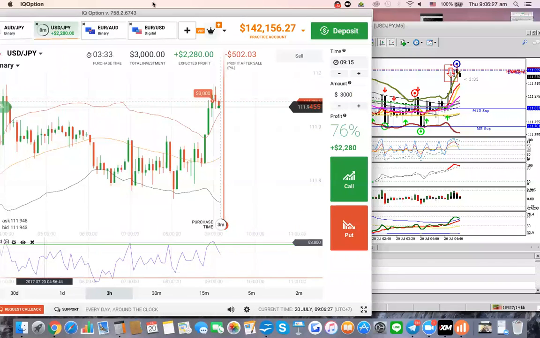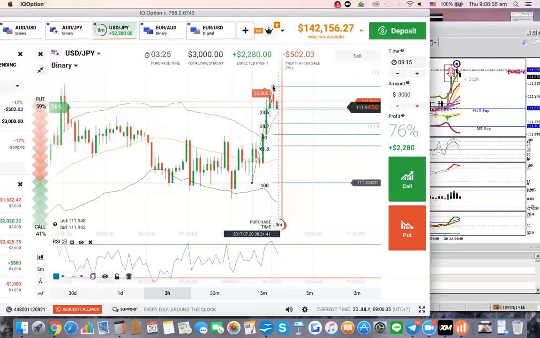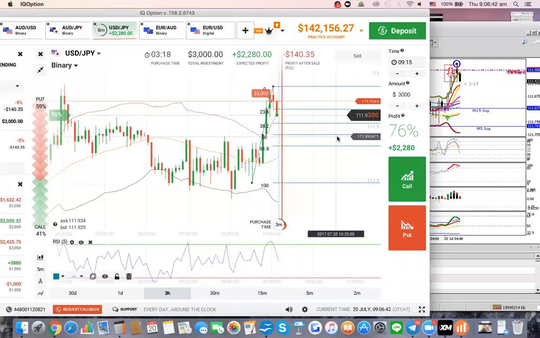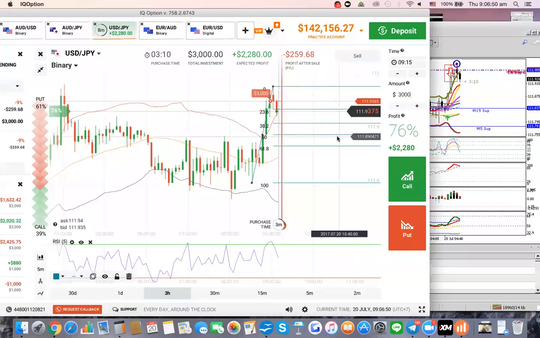If I were to put a Fibonacci on this one, say like this, I'll take the recent swing at 23.6. Let's hope not for a bounce at 23.6, and we should be okay. All right, safely past 23.6. We're going to 38.2, and unless it's a close on 23.6, we're in trouble, but we should be fine.